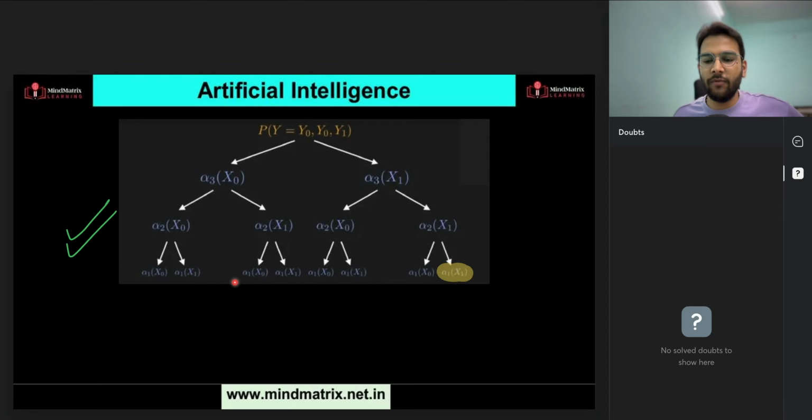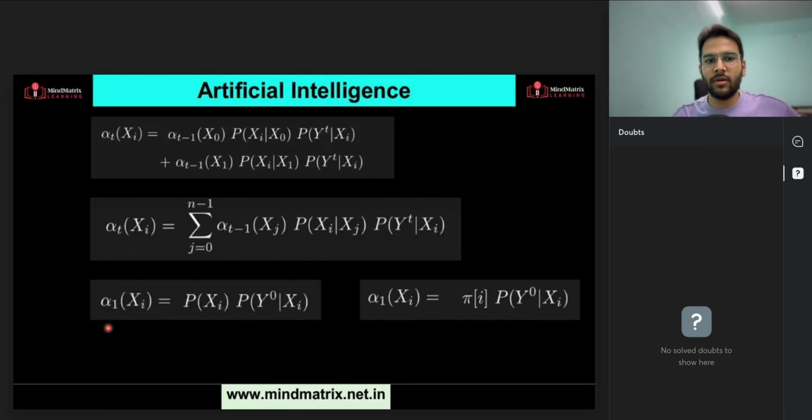Directly use the value there. Alpha 2 of x0 is also getting repeated, so once you calculate alpha 2 of x0, you can reuse it here. Similarly, these two are also overlapping substructure. So can you see how dynamic programming can be used? Whatever overlapping substructure is there, you just compute it once, store it somewhere, and then reuse it.